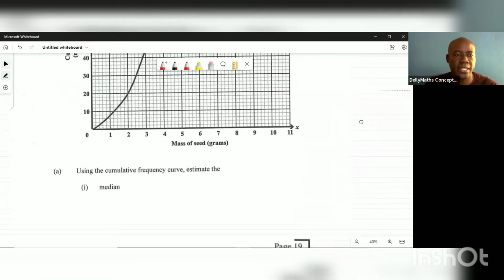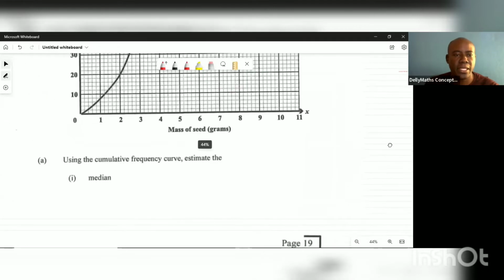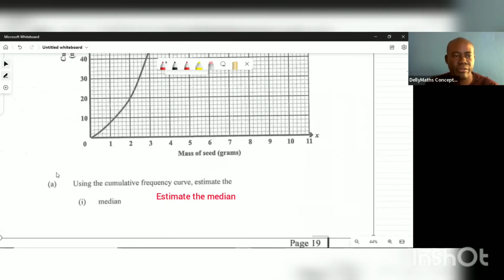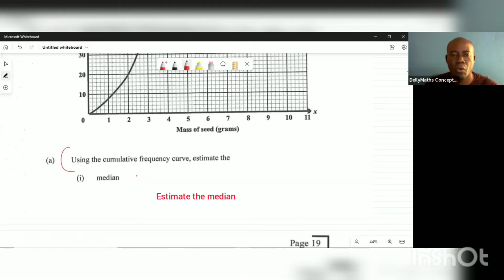The first question says, using the cumulative frequency curve, find the median, which is what we'll call Q2, which is 50% of the sample.